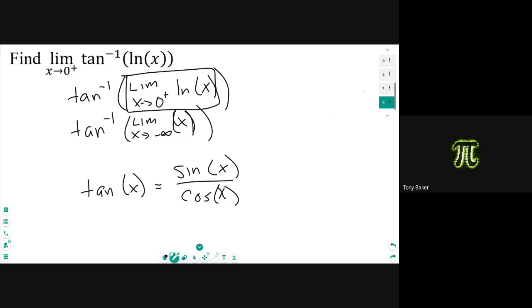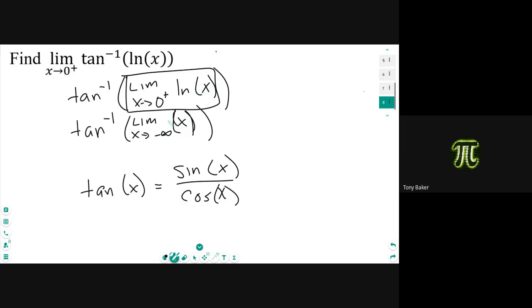We can never evaluate at infinity because it doesn't exist. So you're always evaluating as the limit's getting closer to infinity. Technically, I can't plug negative infinity into arctangent. So you look at what the function is doing as I'm getting closer to negative infinity.